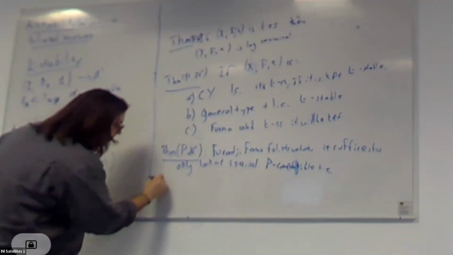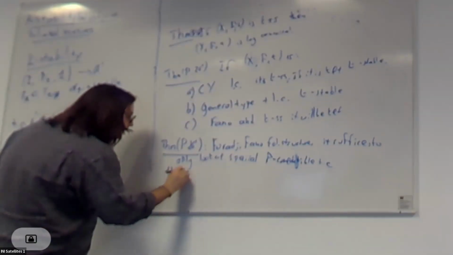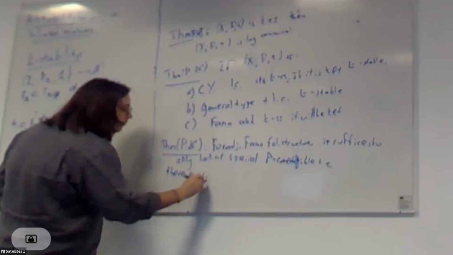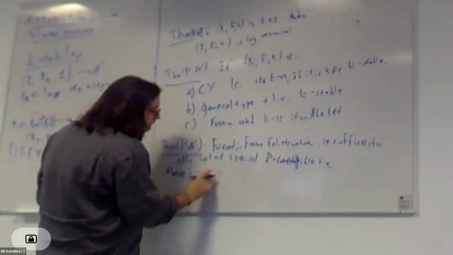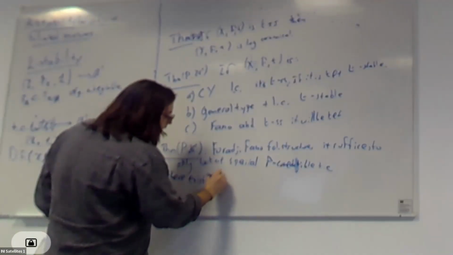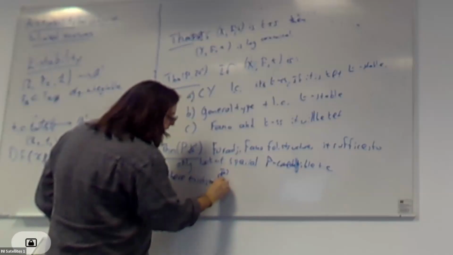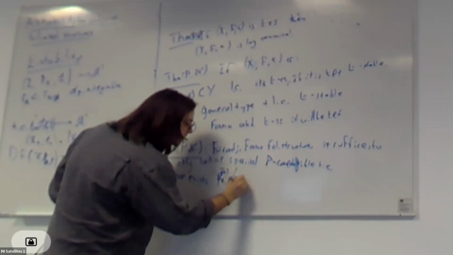And the other important thing is that there exists a birational invariant for the foliation capturing K-stability.